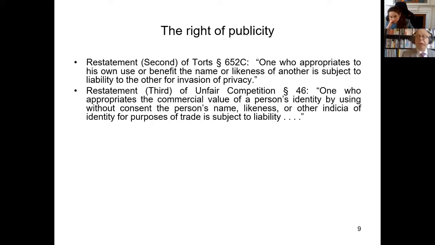And so the restatement of unfair competition, which the ALI published in 1995, recommends that states adopt the following rule: one who appropriates the commercial value of a person's identity by using without consent the person's name, likeness, or other indicia of identity for purposes of trade is subject to liability. So the first restatement looks at this through a privacy lens, the second restatement through a property lens.